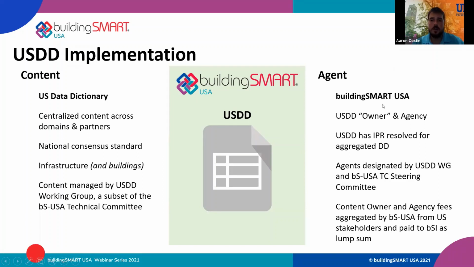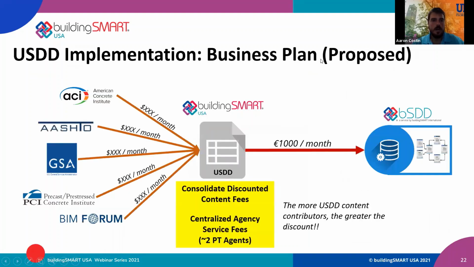But with that, as an agency, we're able to help disseminate that information to make sure it is consistent throughout. Our proposal for the business plan is that as a chapter, as a U.S. standard, we're able to aggregate those costs.